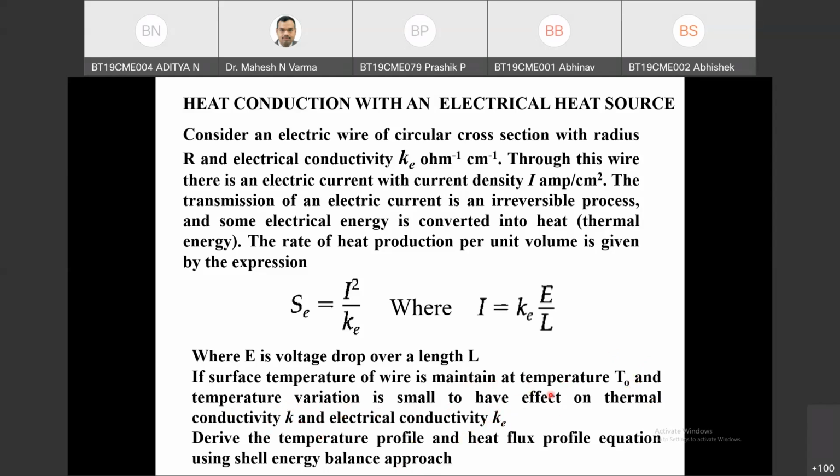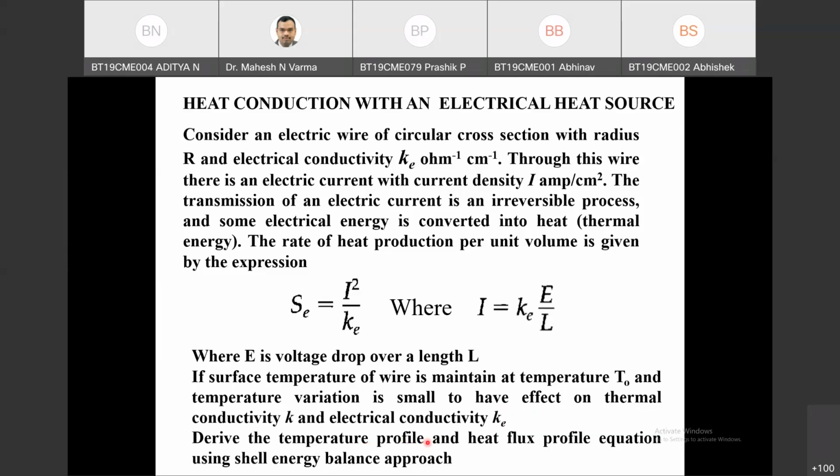Say temperature is increasing from 25 degrees Celsius to 50 degrees Celsius, thermal conductivity and electrical conductivity remain almost constant. There is a heat transfer, but this temperature variation is not so large as to consider a variation in thermal and electrical conductivity.